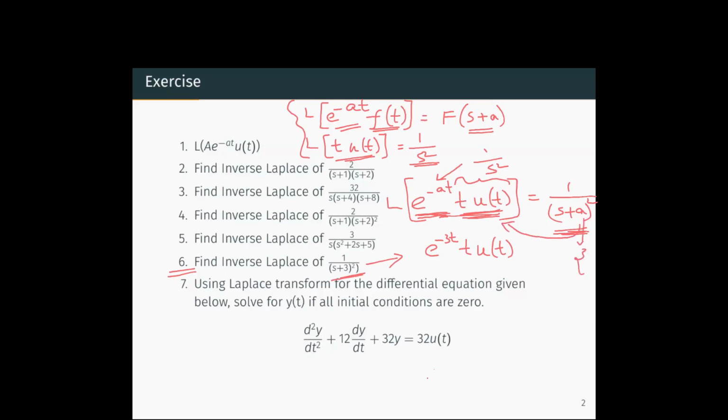The inverse of that would be e raised to minus 3t t u of t. That is the inverse Laplace transform of 1 by (s plus 3) the whole square. This is how we use the frequency shifting theorem to get the inverse Laplace of this function.